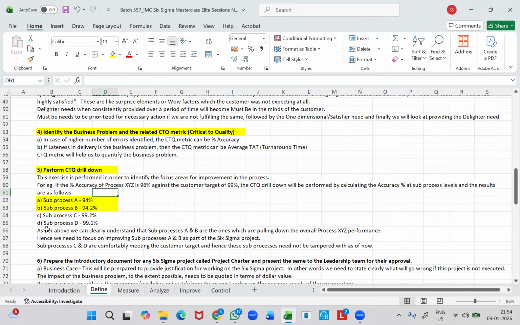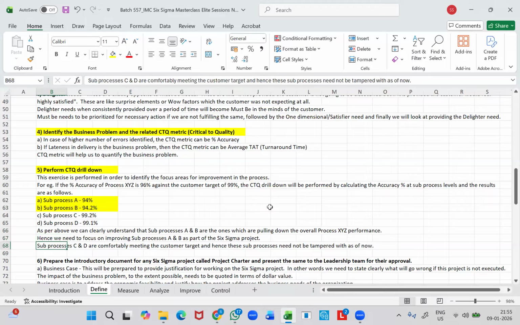So as I have summarized here, as per the above, we can clearly understand that sub-processes A and B are the ones which are actually pulling down the overall process XYZ performance. And hence, we need to focus on improving sub-processes A and B as part of our Six Sigma project.